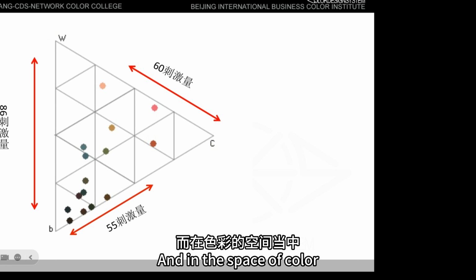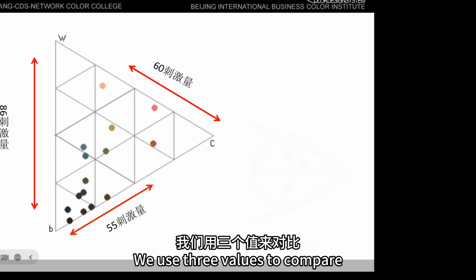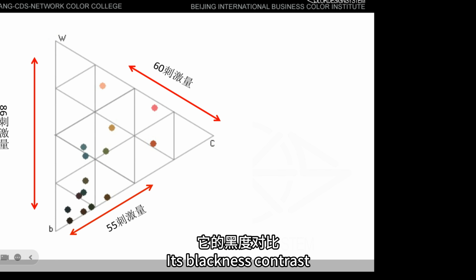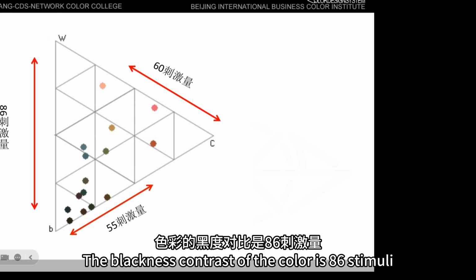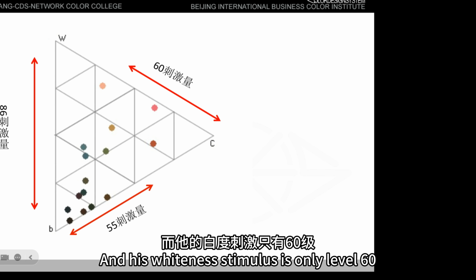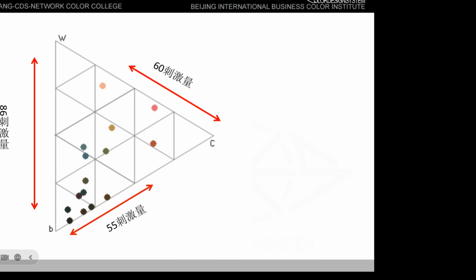And in the space of color, we use 3 values to compare. That's its blackness value, its blackness contrast. The blackness contrast of the color is 86 stimuli, an intensity of psychological stimulus. And his whiteness stimulus is only level 60.